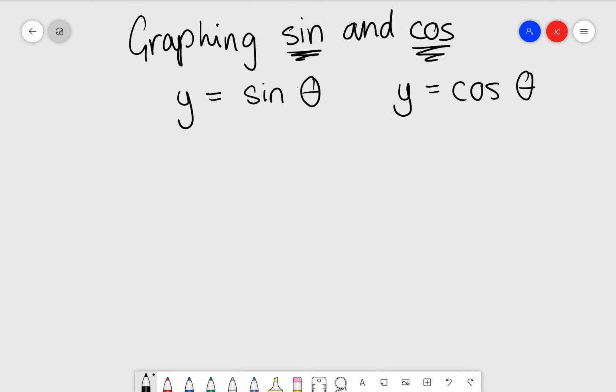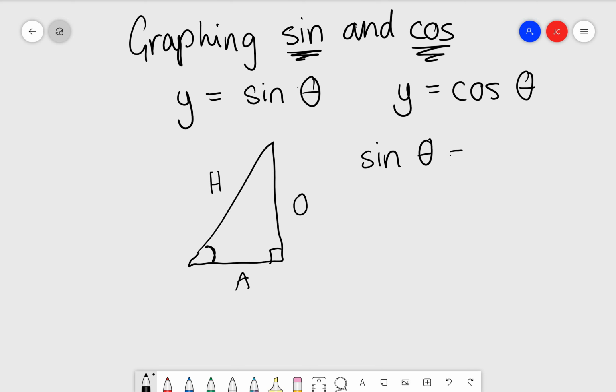Up until now, all we've really learned about sine and cos is that essentially they are just telling you about right-angled triangles. They're pointing out that if you're measuring an angle and you label the sides adjacent, opposite, and hypotenuse, that sine, the so part, is going to be opposite over hypotenuse, and cosine of theta is going to be adjacent over hypotenuse. And this is theta.